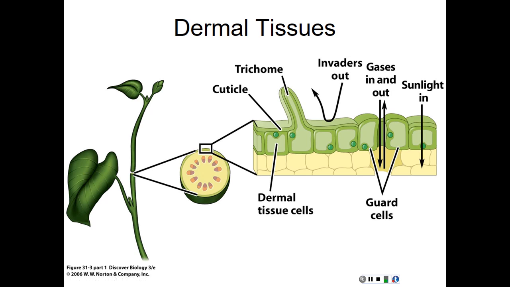Water vapor also can exit out of this pore, this stomata opening, and so the ability of these guard cells to close this hole is also important in maintaining water balance in the plant. So really, really important type of cell. There are also what we call trichomes. Trichomes are typically for protection. So they're little hairs.